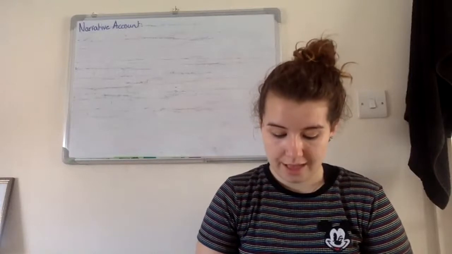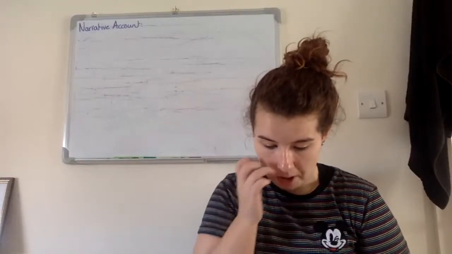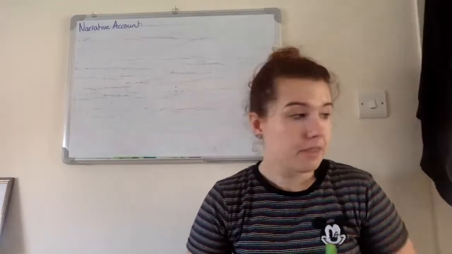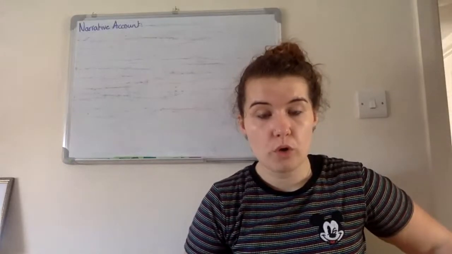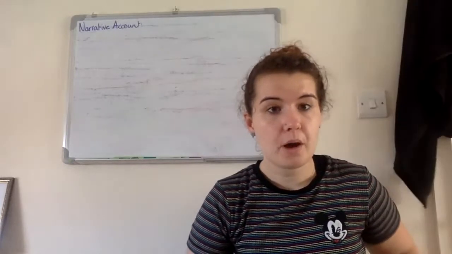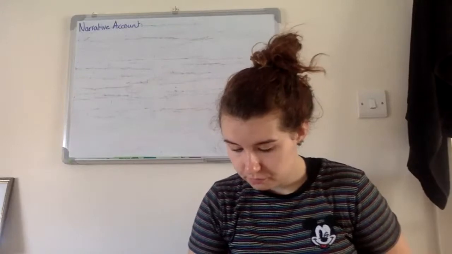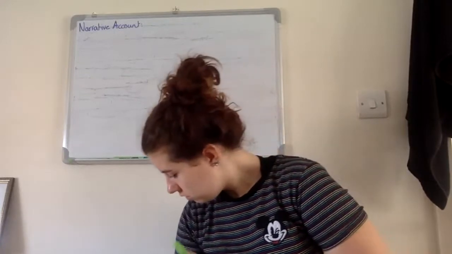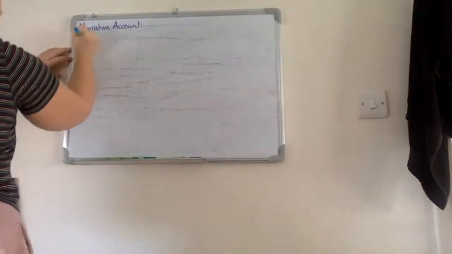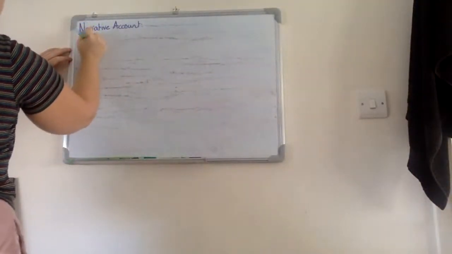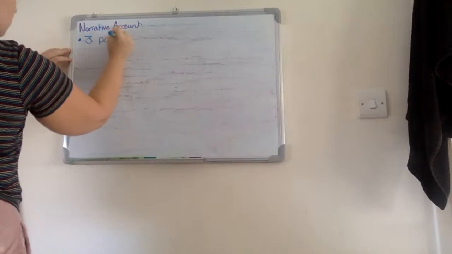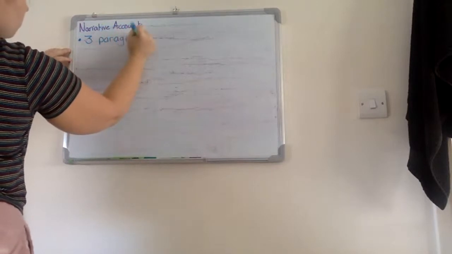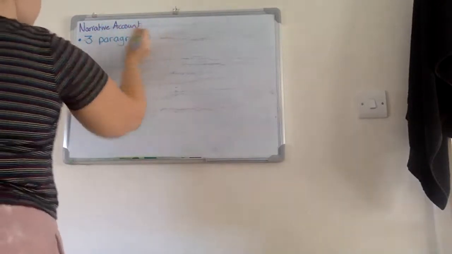So let's get into my top tips, and they will make more sense as we go on. There is an example question on the PowerPoint as well, should you need it. Right, how to do a narrative account. You only need to do 3 paragraphs, okay?